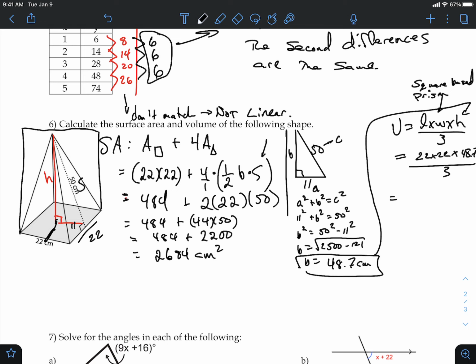It was 8,000 or something? Aaron, what did you get for the volume? 97,869.84 centimeters cubed. Okay, I'll stop it there.